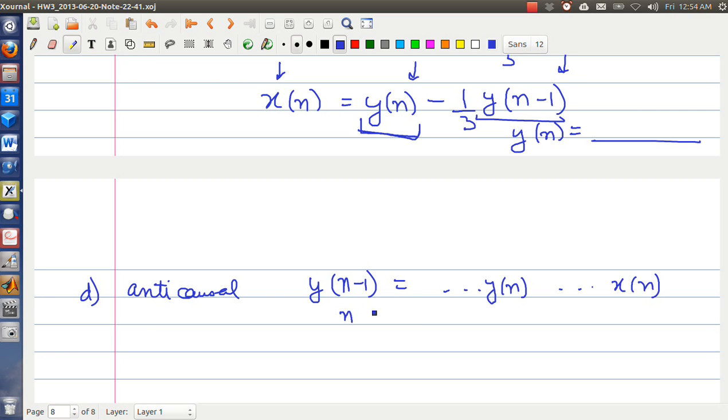Then you would change n to n plus 1 so that your equation looks like y of n equals something times y of n plus 1 plus something times x of n plus 1. So this is an anti-causal equation for the same system.